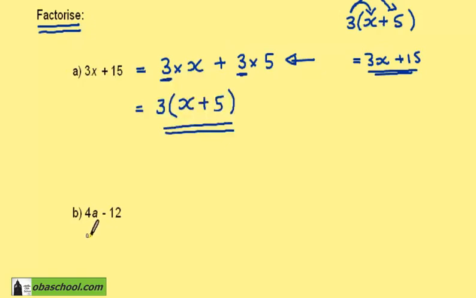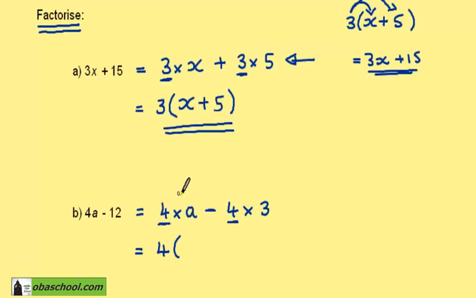We now have 4a minus 12. 4a is 4 times a. We have the minus sign, and 12 could be written as 4 times 3. We can see we have a common 4 between the two terms, so we write this down. We then open a bracket.